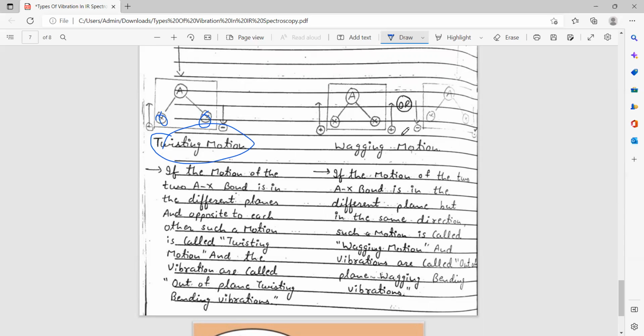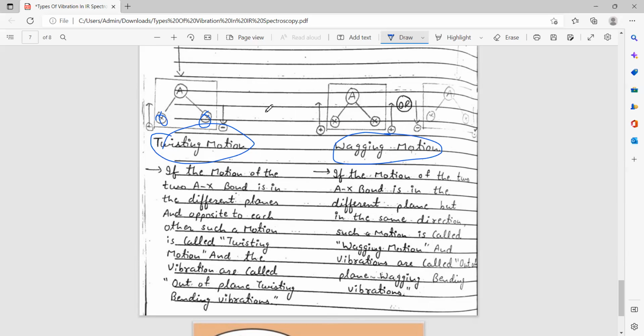If the motion of the two AX bonds is in a different plane but in the same direction, such a motion is called wagging motion, and the vibration due to it is called out of plane wagging bending vibration or deformation.